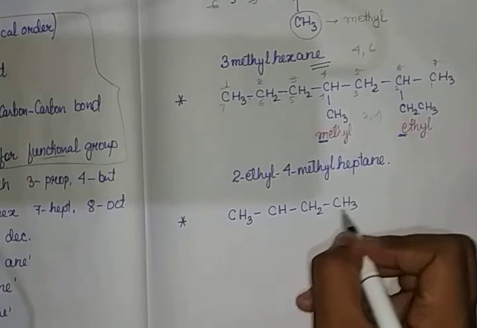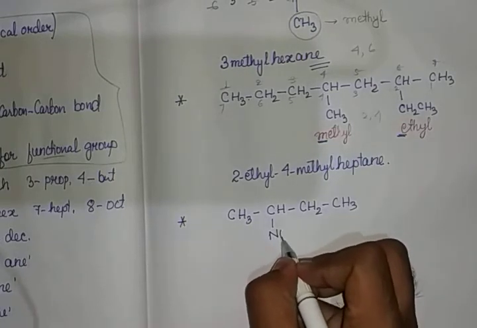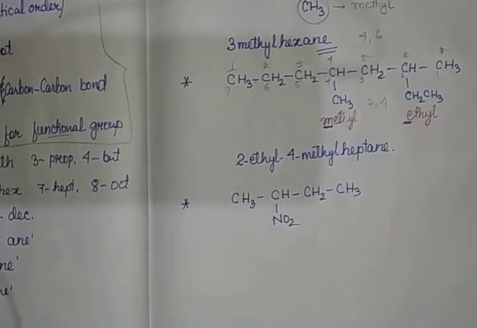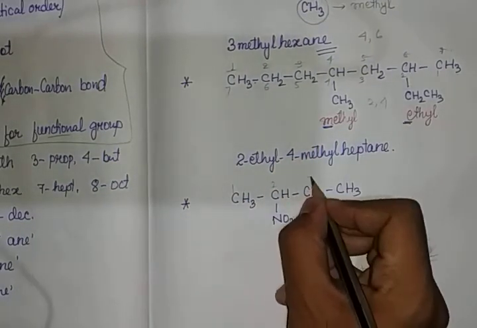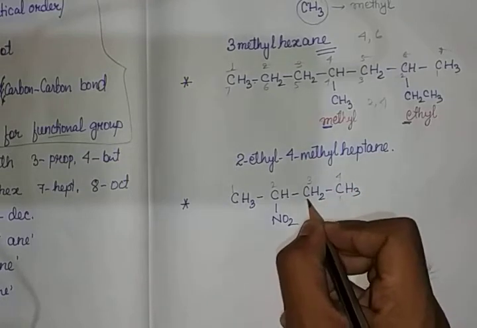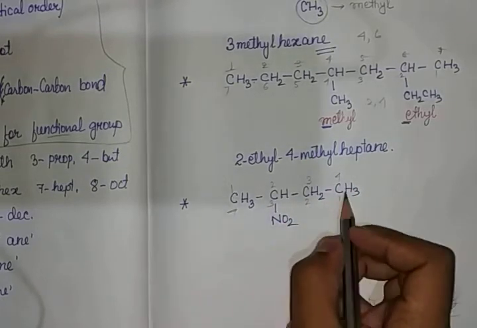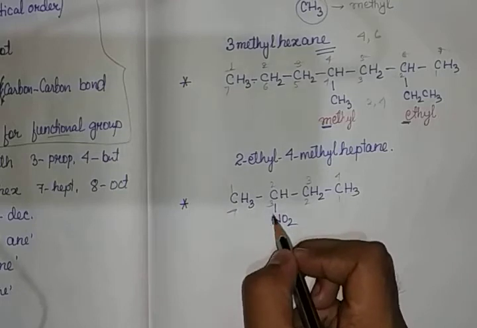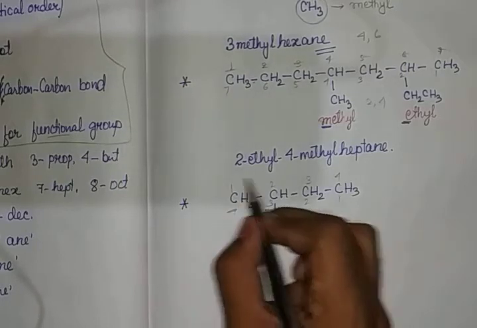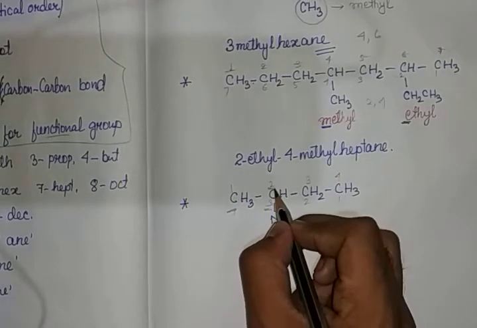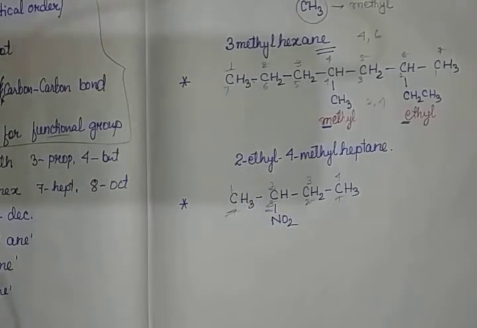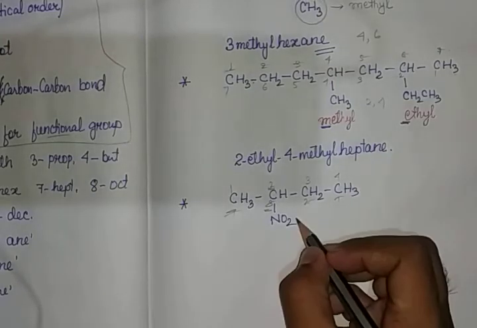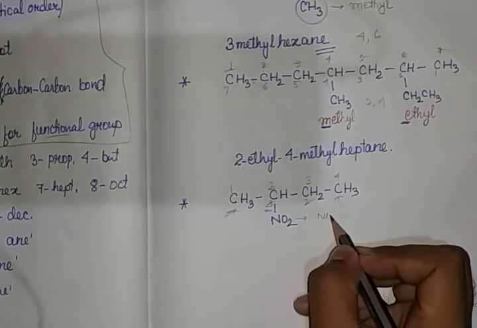Suppose this one, and here this is one substituent, that is NO2. Once again, let's start the numbering. We will be doing from 1, 2, 3, 4, 1, 2, 3, 4. If we are numbering from this side, our substituent is getting the number 3. If from this side, our substituent is getting the number 2. So we will be excluding this one and we will be considering the above. So here, NO2, the name of this functional group is nitro.